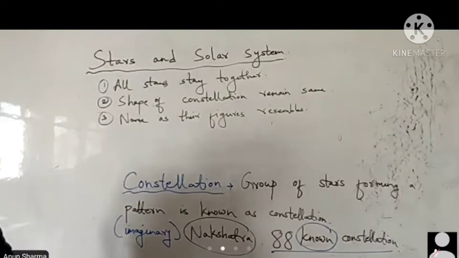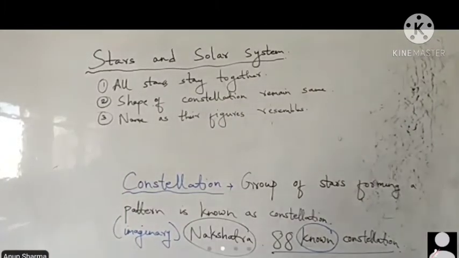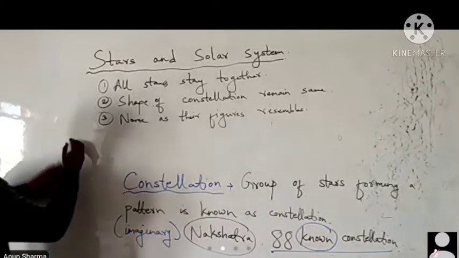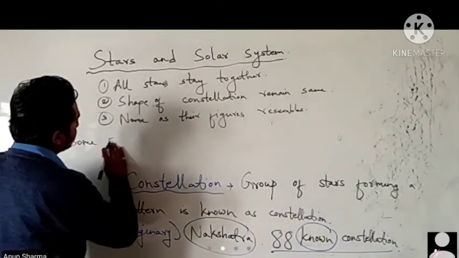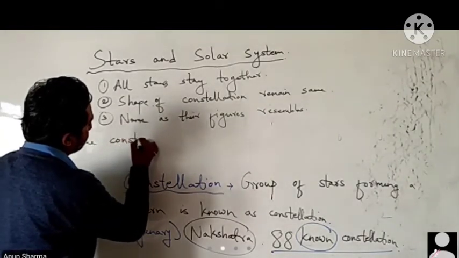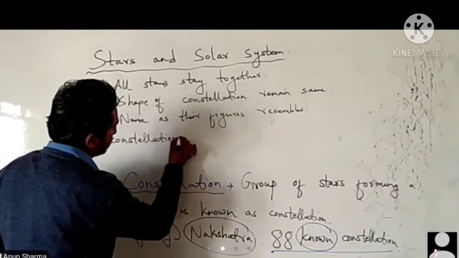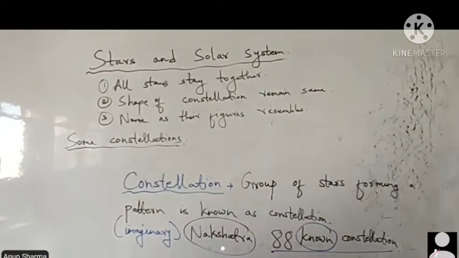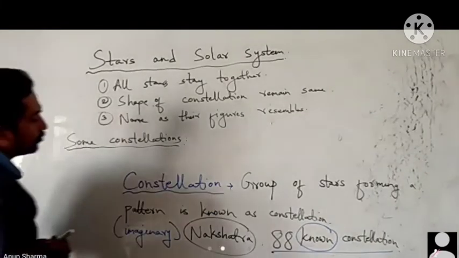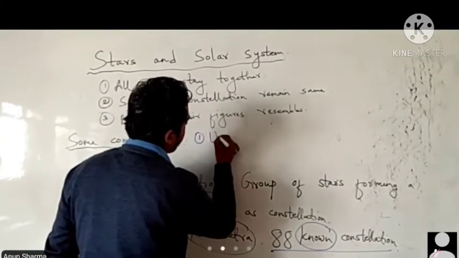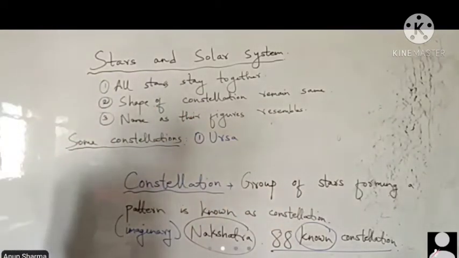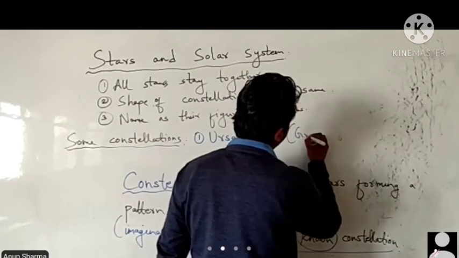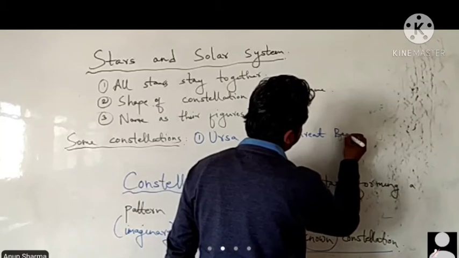So now let's have a discussion on a few constellations. Some important constellations are, number one, Ursa Major, the great bear.